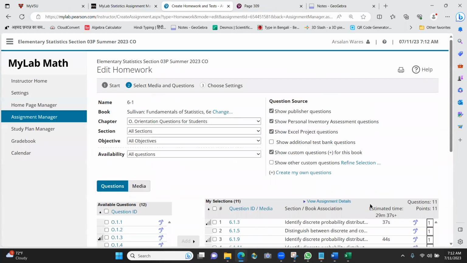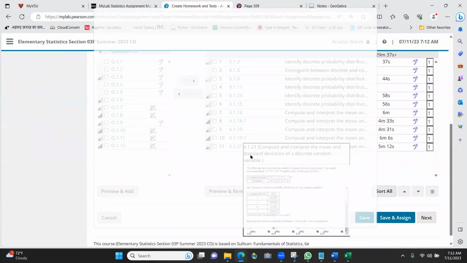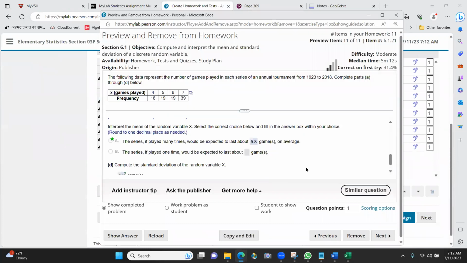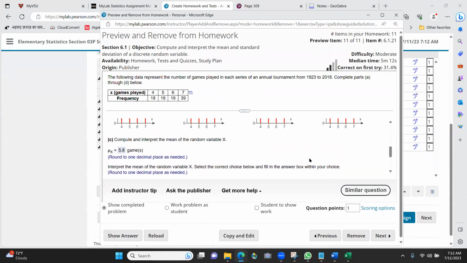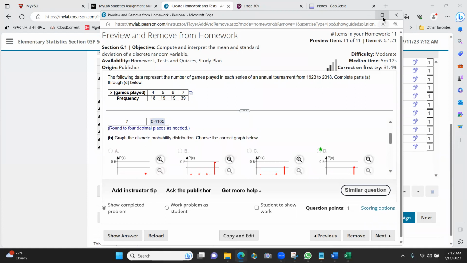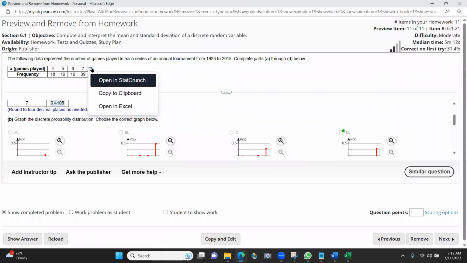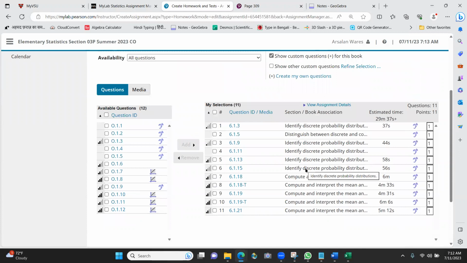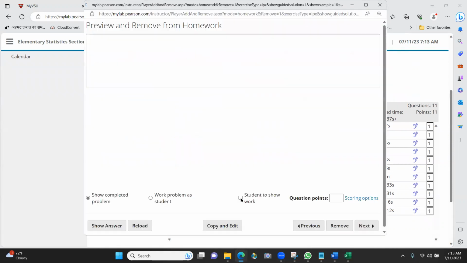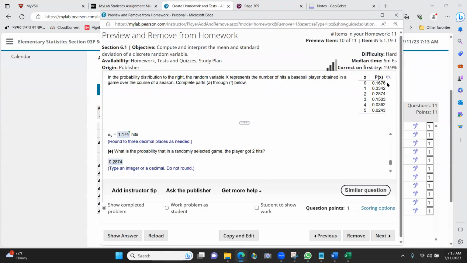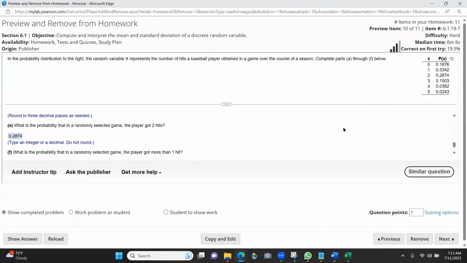Let's do this one. Actually, guys, if you don't mind, I'll do this one. It's similar to the one I want to do.